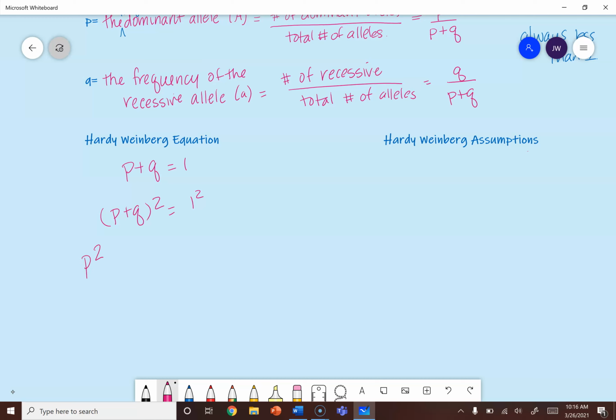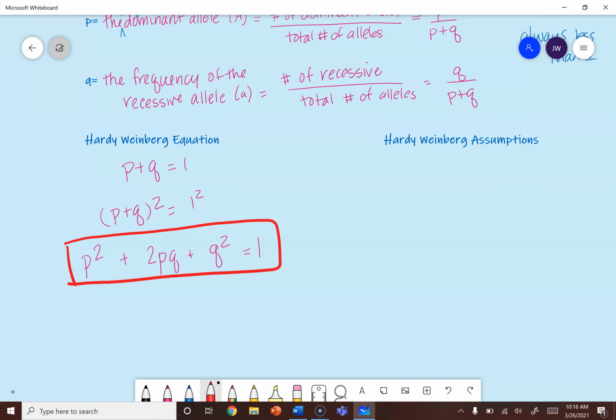So we end up, after we square this, getting p squared plus 2pq plus q squared equals 1. This is our Hardy-Weinberg equation. This is the important equation for this unit, along with this equation here. These equations are directly related, and you have to know how to use each one of these in order to calculate these problems.